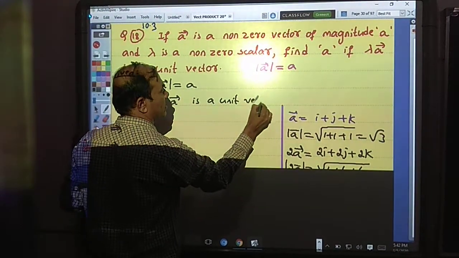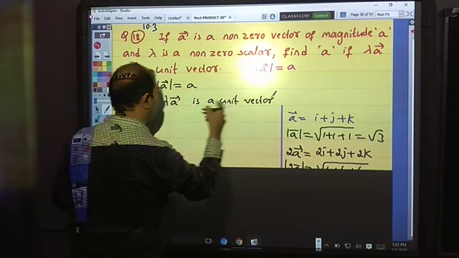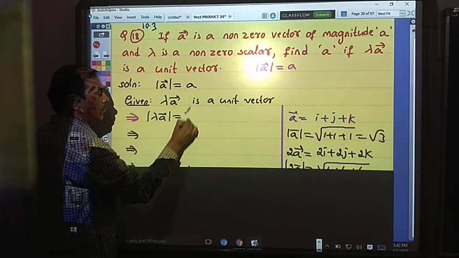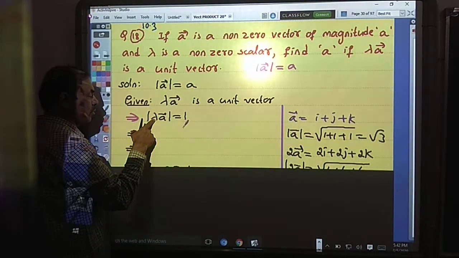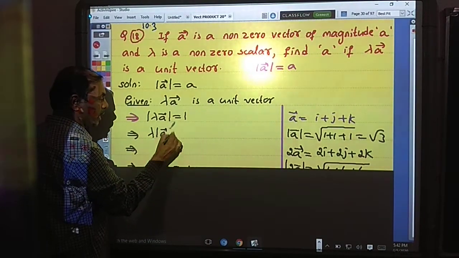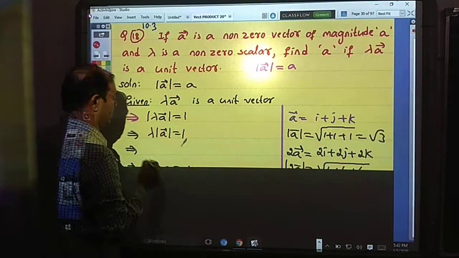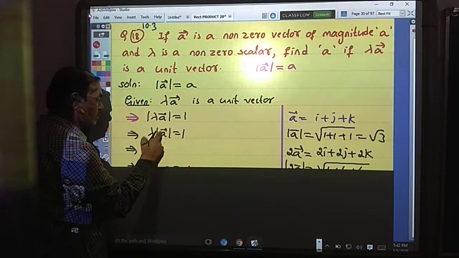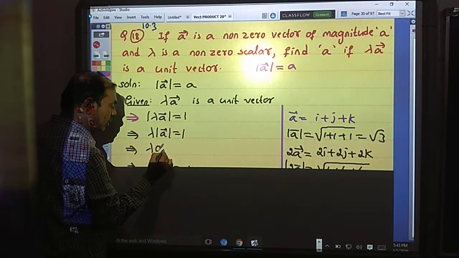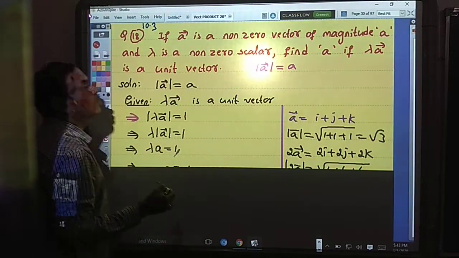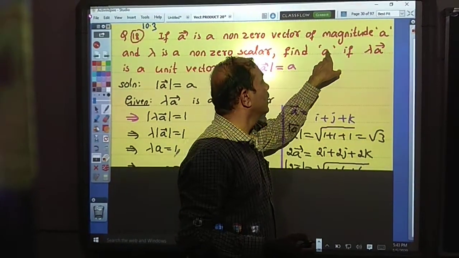Unit vector means its magnitude must be 1. So lambda times magnitude A equal to 1. Lambda times what is the magnitude of A here? Small a, this is given, is equal to 1. Then what is asked? Small a is asked.